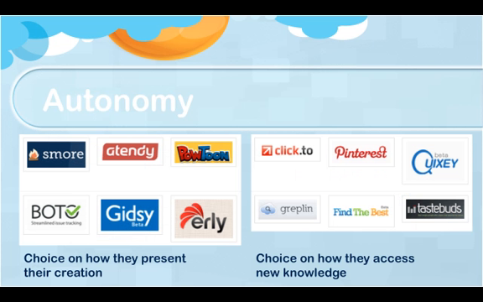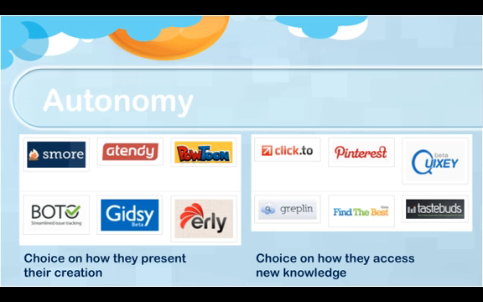Autonomy. Giving students a choice, giving them flexibility and opportunities within their learning experience is also very valuable. Choice on how they present their materials for assessments or for how they might reflect on their learning and create a resource using some tools.